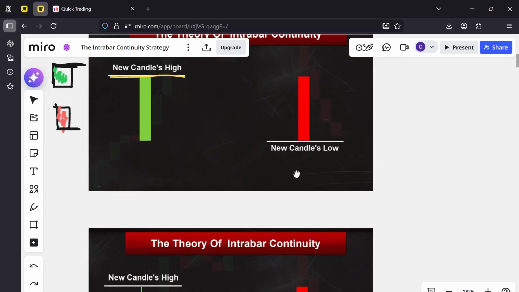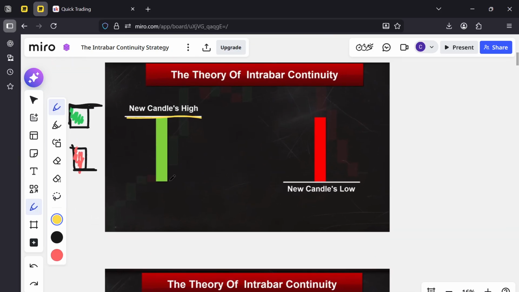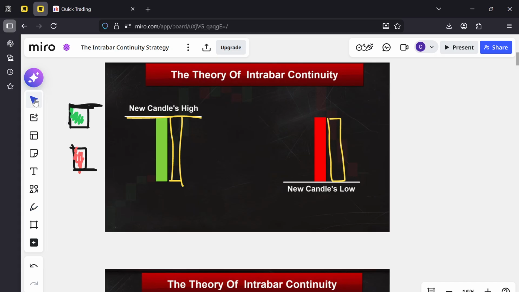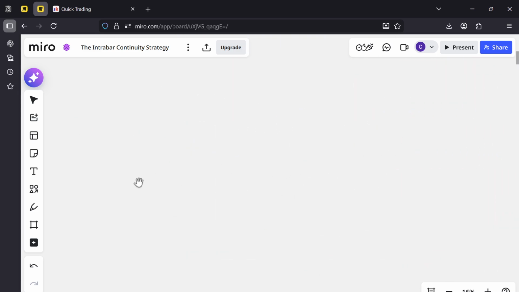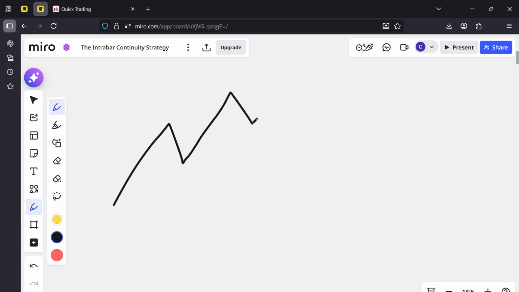After it creates a high, it will open here and move up like this, or open here and move down like that, and we will then notice a thing called a pullback. I already explained how the market works. It creates impulsive moves and then pullbacks. Impulsive moves, pullbacks.